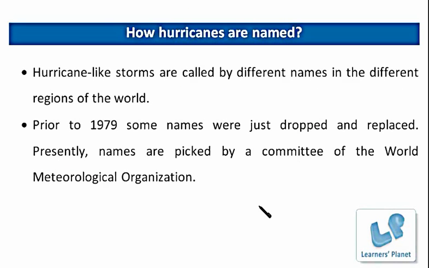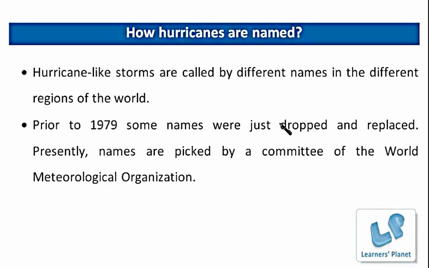Yes, my dear friends, hurricane-like storms are called by different names in different regions of the world. For example, some hurricanes are named Nilam or Sandy, but it depends on what part of the world it occurs in, so it is named accordingly.